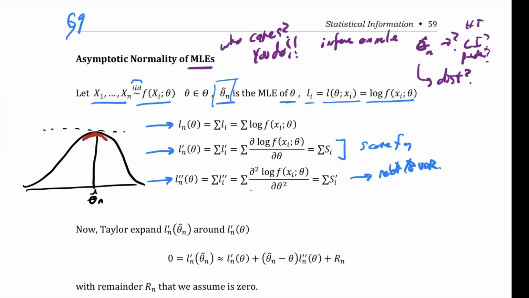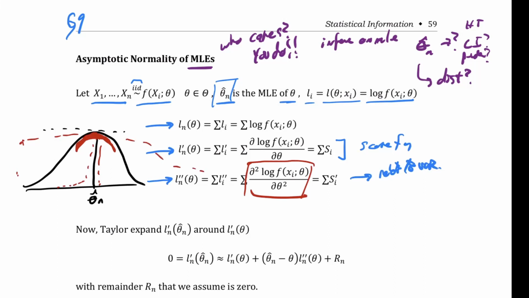That curvature is given by this second derivative piece right here. If it's really narrow, you have a likelihood function that looks like this. So you have a lot of information: high curvature, high information. If you don't have a lot of curvature, you're very flat, and your likelihood may look something like that.